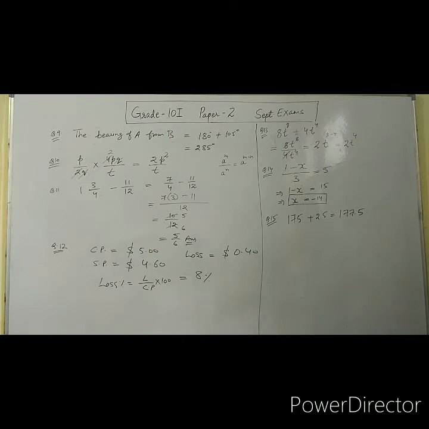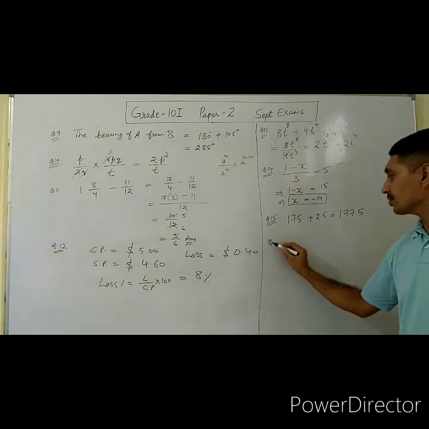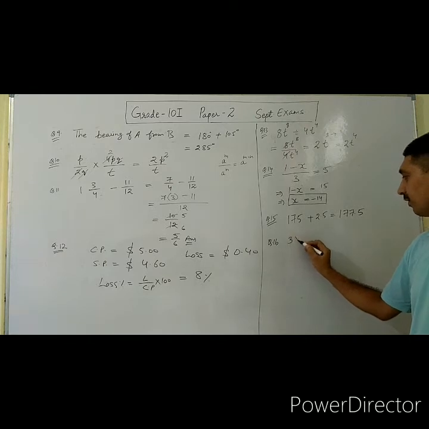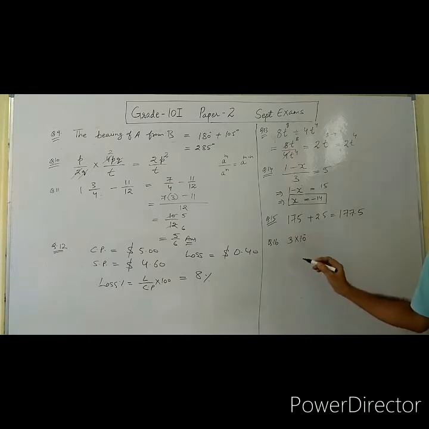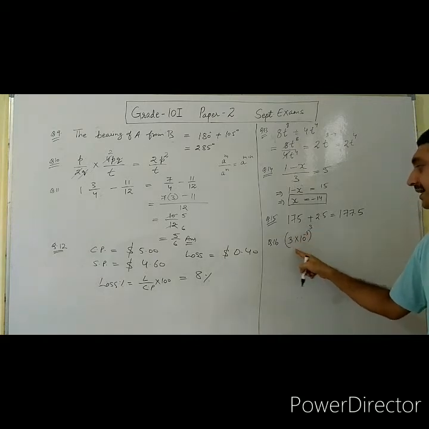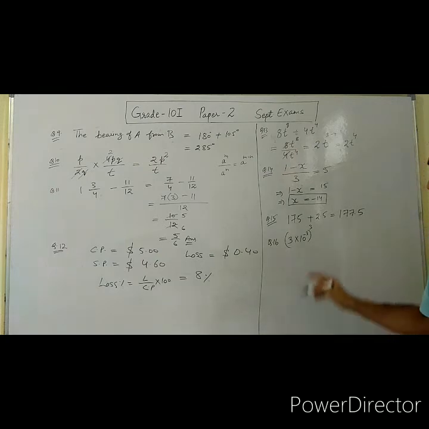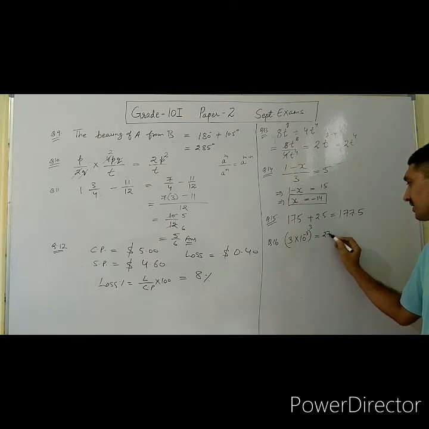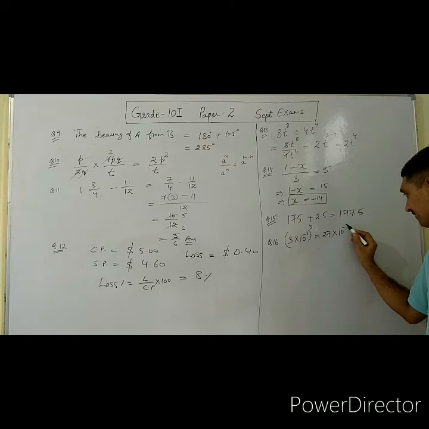And question number 16 here is we have to find the value in standard form of 3 into 10 raised to power minus 3, whole raised to power 3. So in the standard form, when we go for the cube, it is 3 into 3 into 3 is 27, and here 10 raised to power minus 9, right?